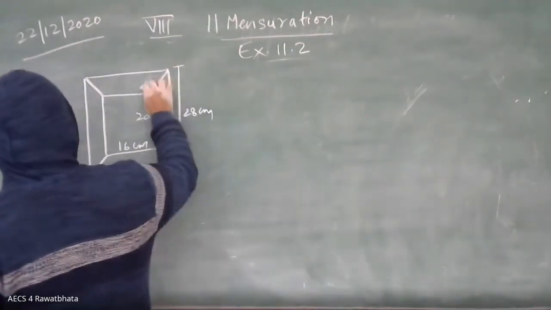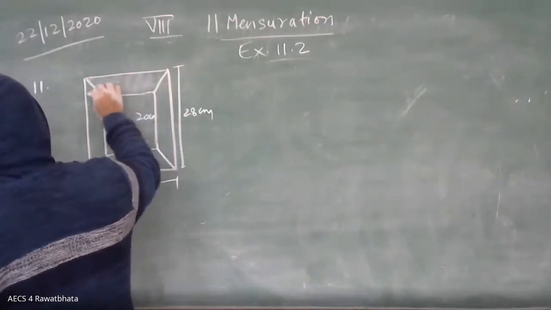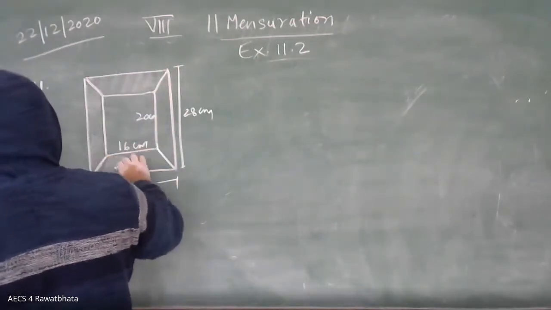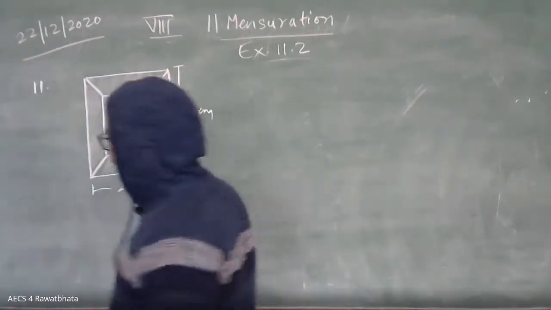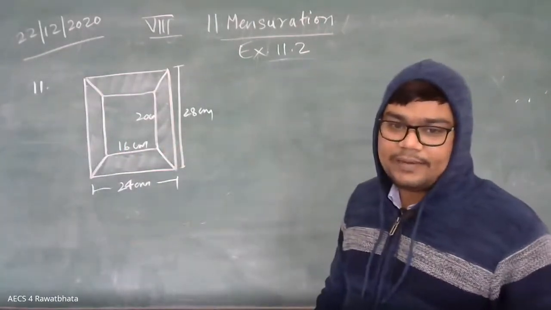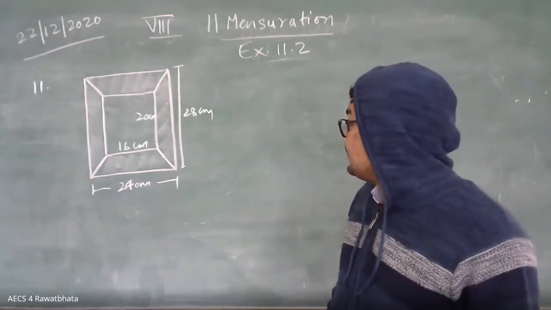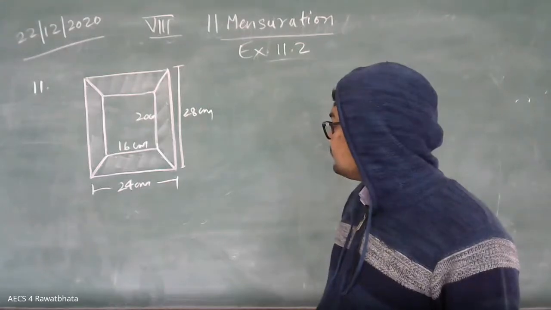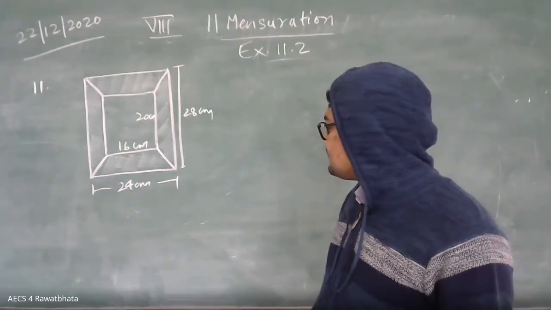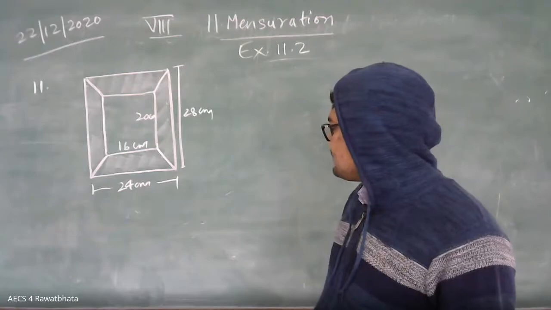We have to find out this shaded area. Area of a big region minus area of a small region.